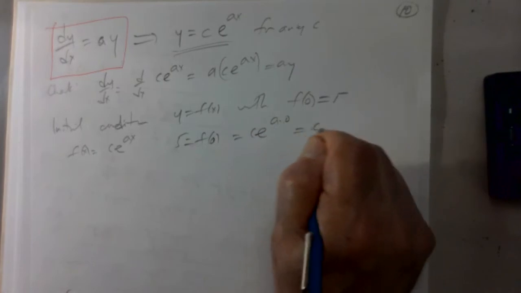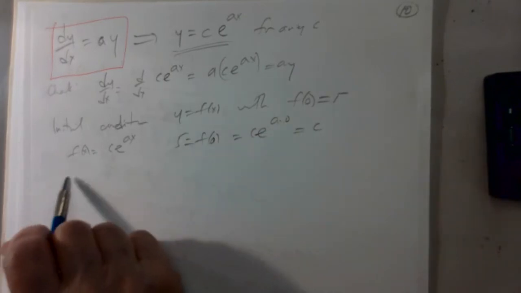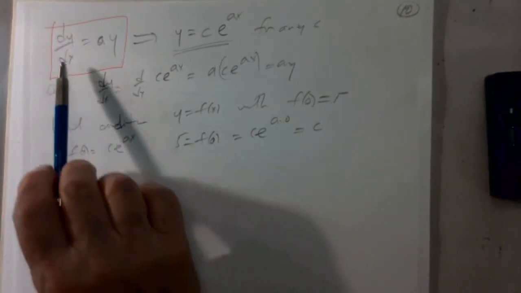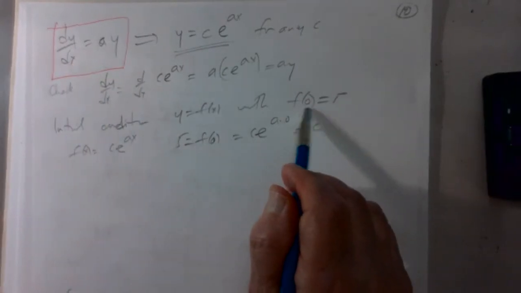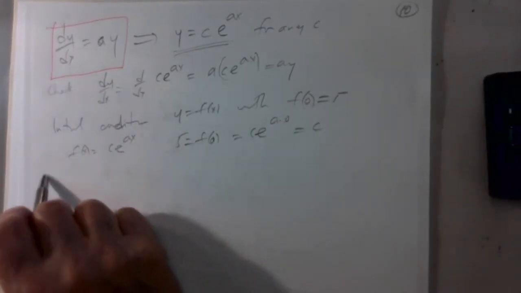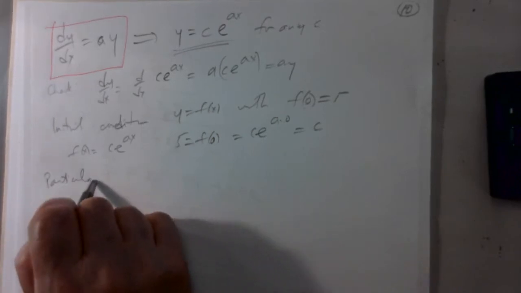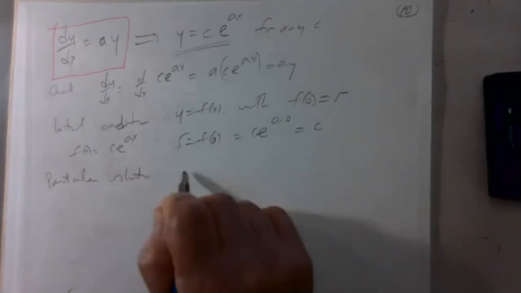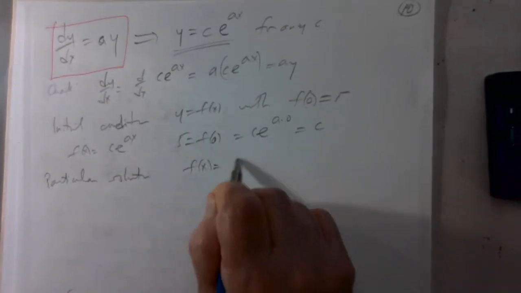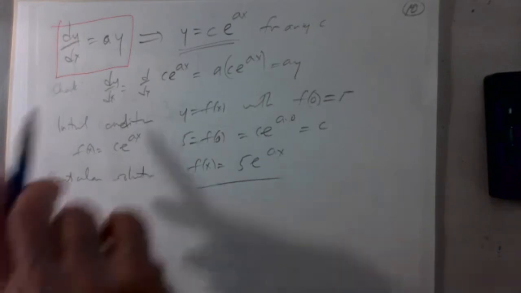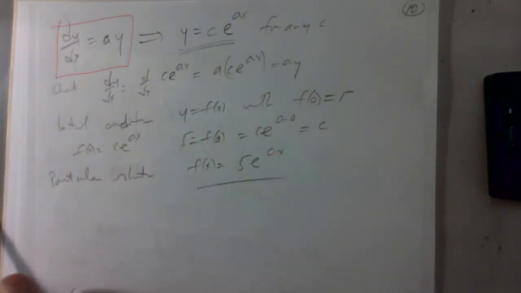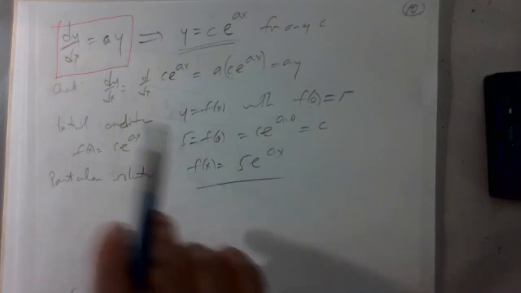E to the 0 is 1, so c is equal to 5. So the particular solution of this differential equation satisfying the initial condition f of 0 equals 5 is f of x equals 5 e to the ax. And in fact, it's not too hard to show that this is the only solution. It's not just a solution, but it is the solution.